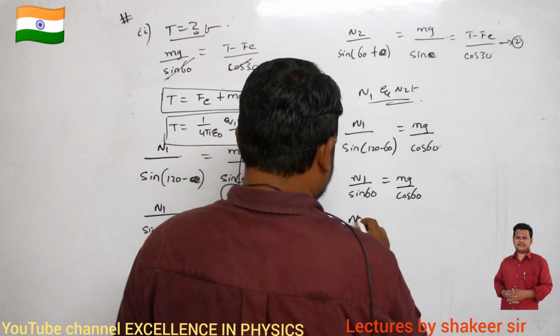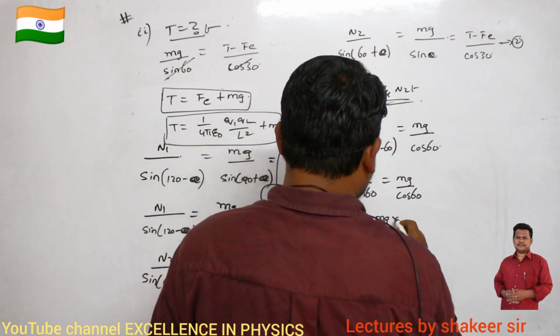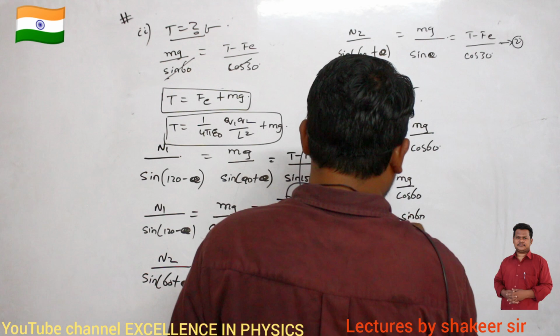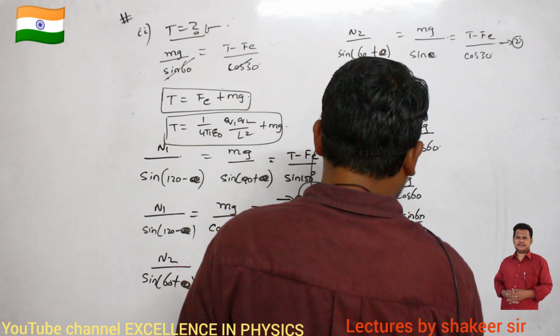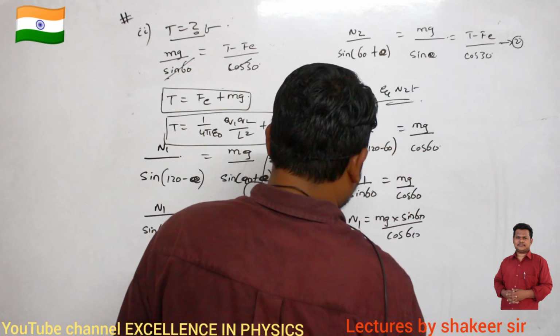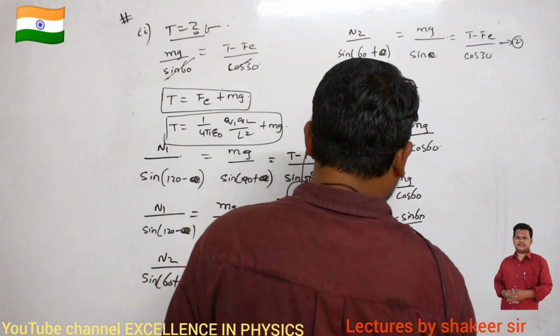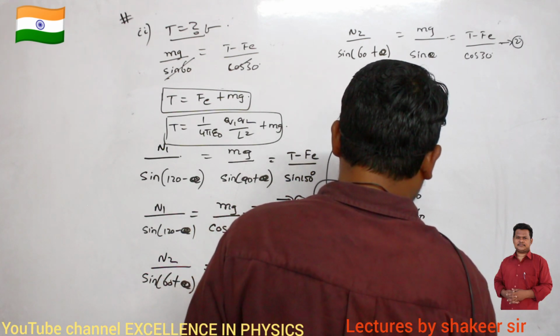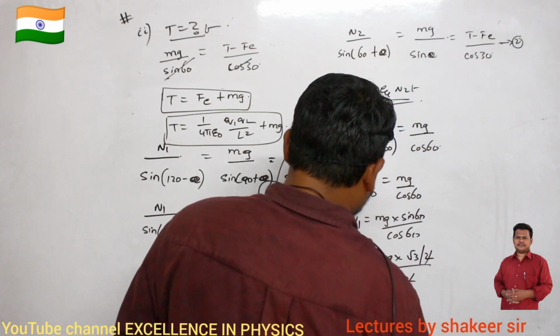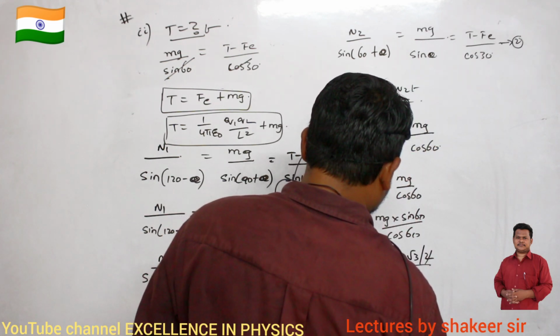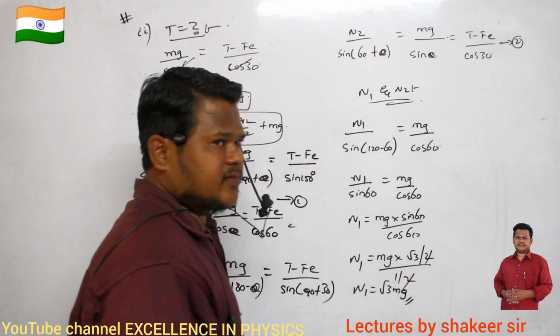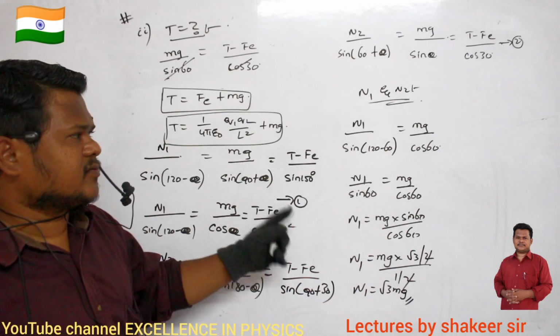Therefore N1 is equal to mg into sin 60 divided by cos 60. Sin 60 is root 3 divided by 2, cos 60 is 1 by 2. So the 2s get cancelled. So N1 is equal to root 3 into mg. So this is N1, the normal reaction acting on the first bead.